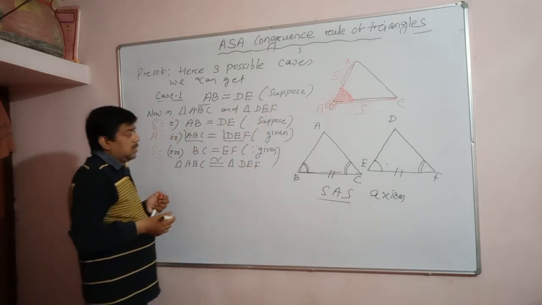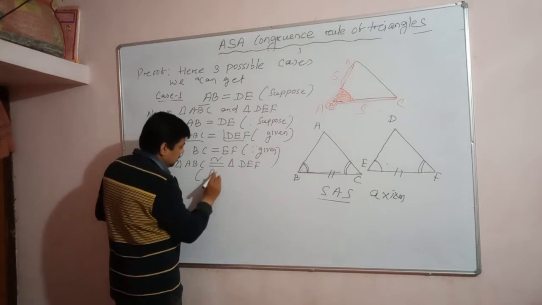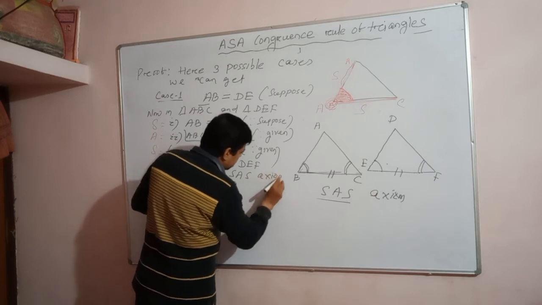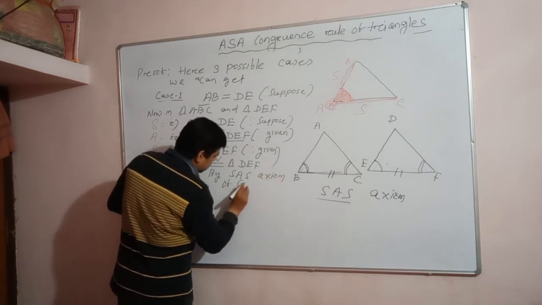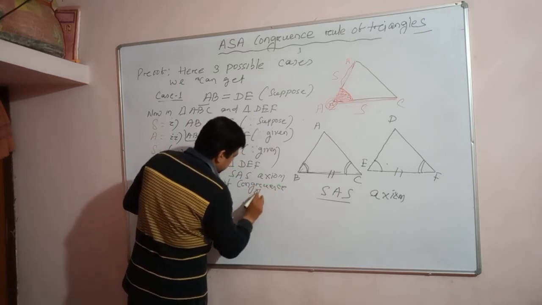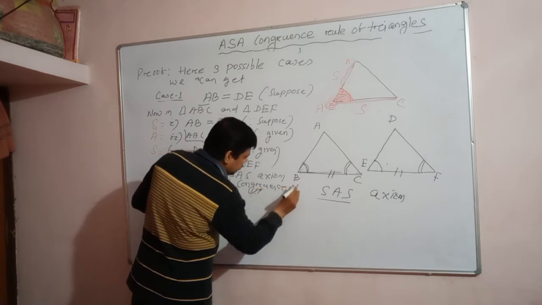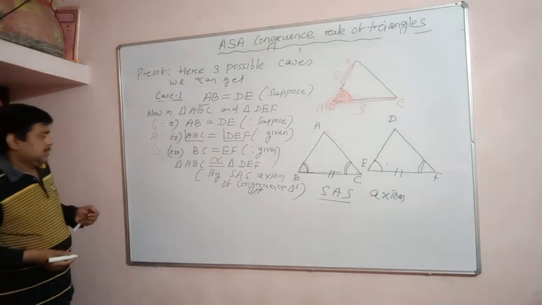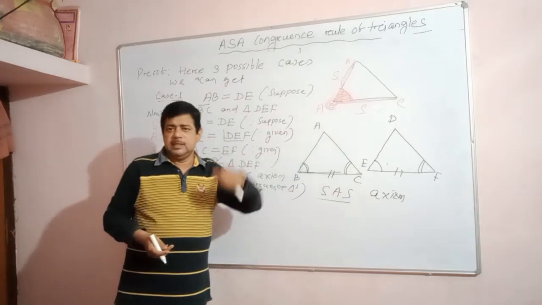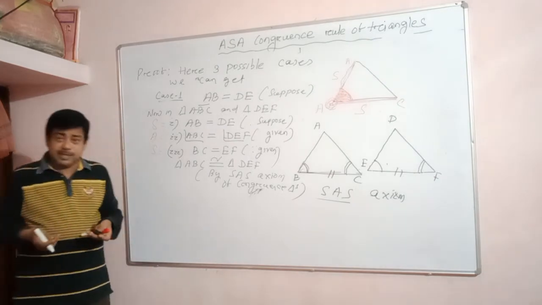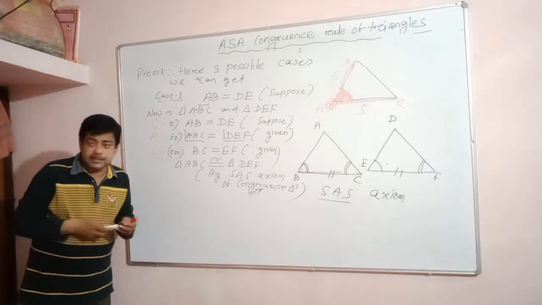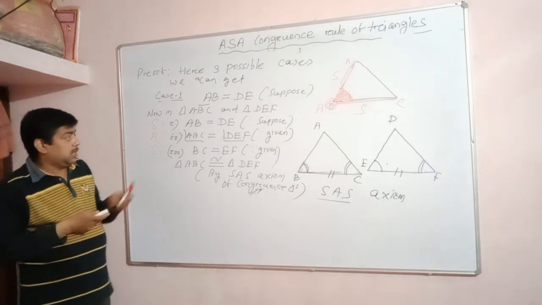Triangle ABC is congruent to triangle DEF by the side angle side axiom of congruence of triangles. Since the side angle side axiom is satisfied, triangle ABC is congruent to triangle DEF. So case 1 is satisfied. We can say both triangles are congruent. Is it clear? Okay. Note down this one.